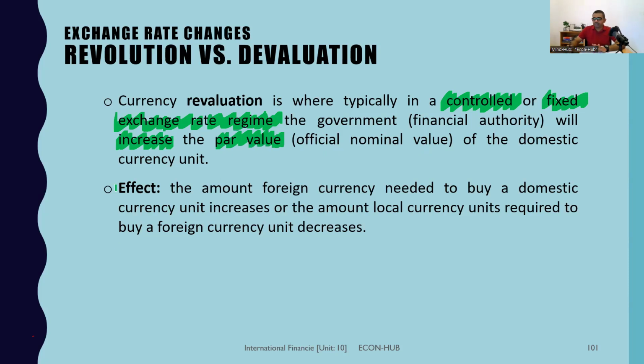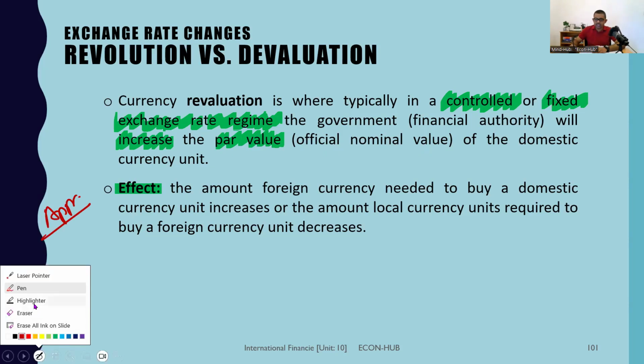The effect is the same. No difference at all. Same as appreciation.